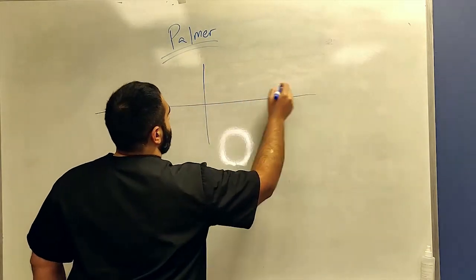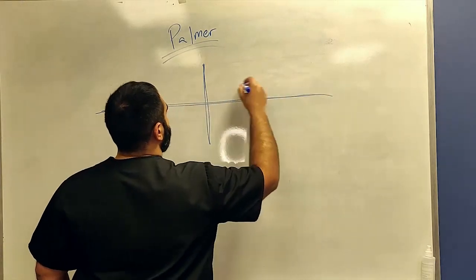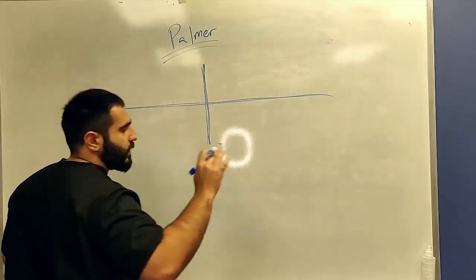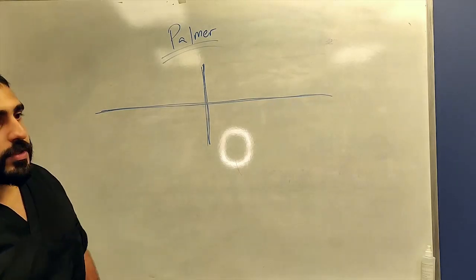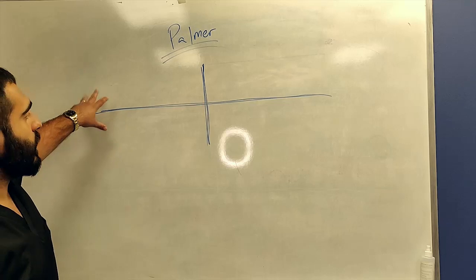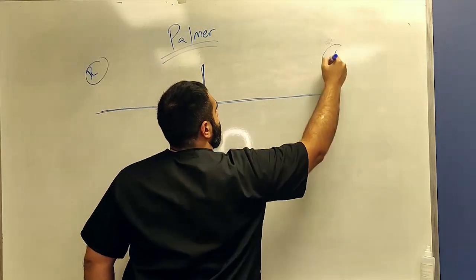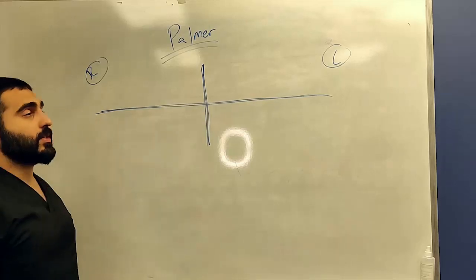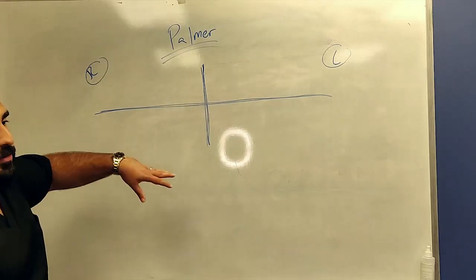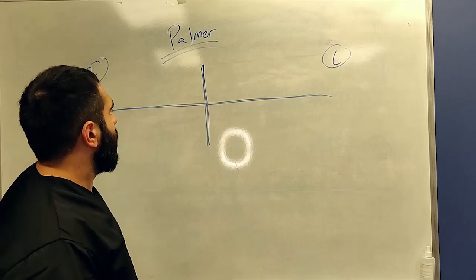Even in the States, where mostly the universal is used, orthodontists use the Palmer system. In terms of the permanent dentition, let me write right and left, it kind of follows the international one, the FDI system.